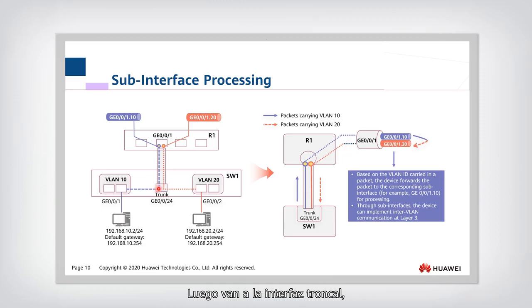Then when it goes into the trunk, it also has the tag. This interface includes two sub-interfaces, and the packet out of one sub-interface should be forwarded to the other sub-interface. Through this sub-interface, the packet can be forwarded in router 1 until it arrives at the destination.